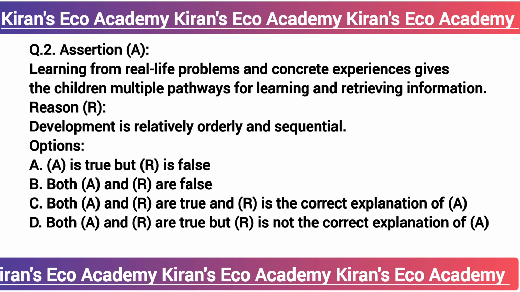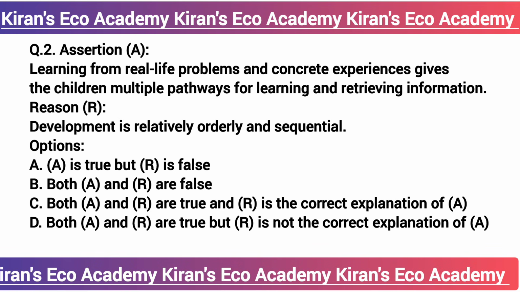Question number 2. Constructivism. Assertion reason. Assertion: learning from real life problems gives multiple learning pathways. Reason: development is orderly and sequential. Option A, A is true but R is false.